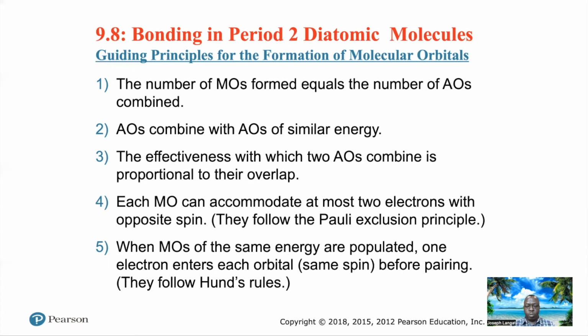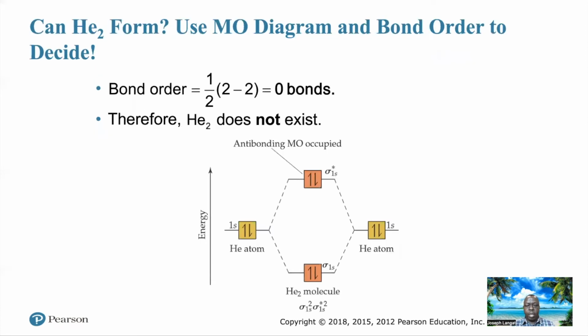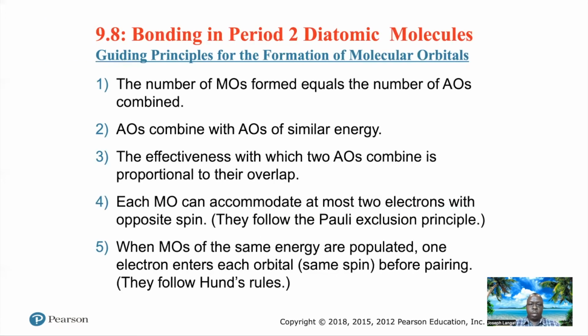For example, here you will not have the same spin pointing up. That would be violating Pauli's exclusion principle. When electrons occupy molecular orbitals, they should have opposite spin. When molecular orbitals of the same energy are populated, one electron enters each orbital with the same spin before pairing up. We call those degenerate orbitals.